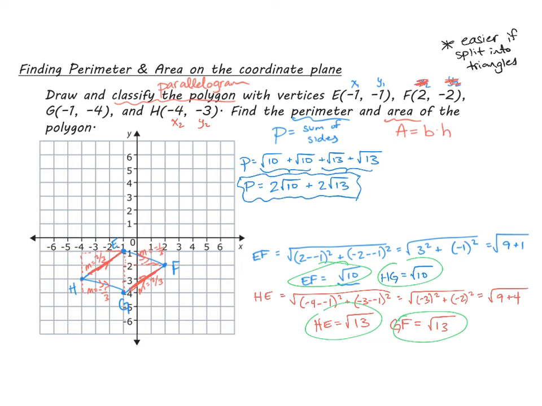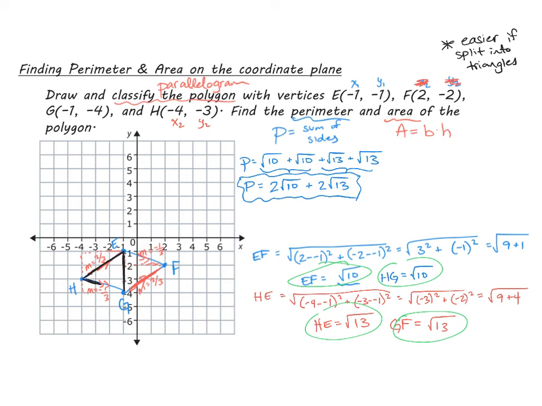In the last one we did, I think there were some vertical lines. It was really easy to use those for the base and then go perpendicular to that with a horizontal line. This one doesn't have those horizontal and vertical lines, so I'm going to split it into 2 triangles.